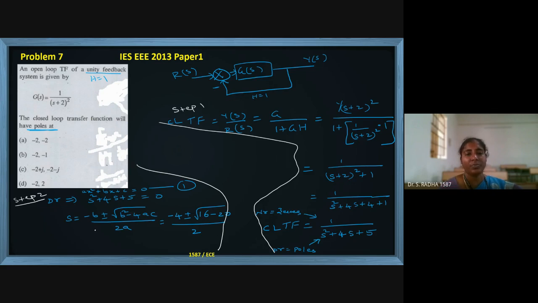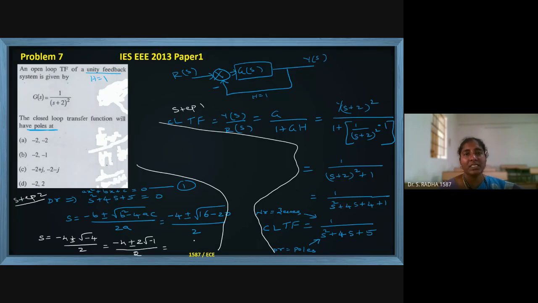So s equal to minus 4 plus or minus 2 into square root of minus 1. Here we have minus 4 divided by 2, and I am taking 4 into minus 1.